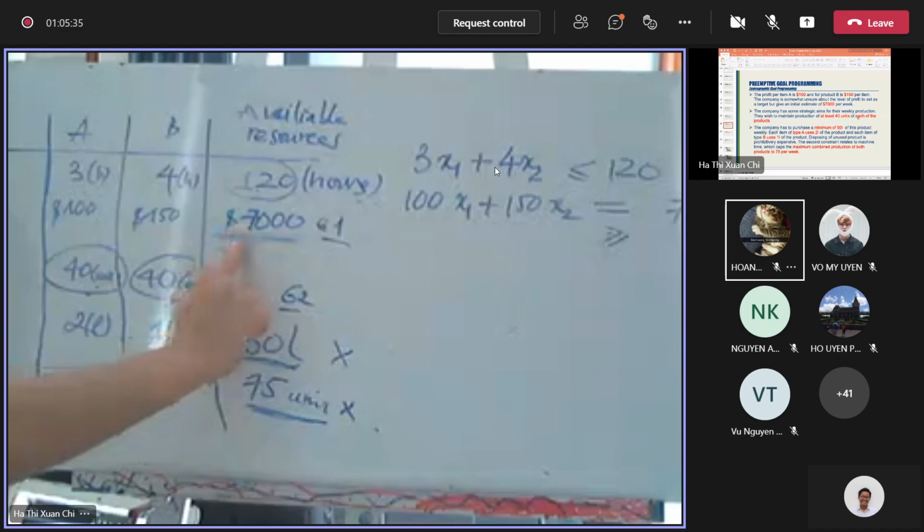So when we add deviation variables, here it will change to equal. That is different, right? Hard and soft constraint are different.